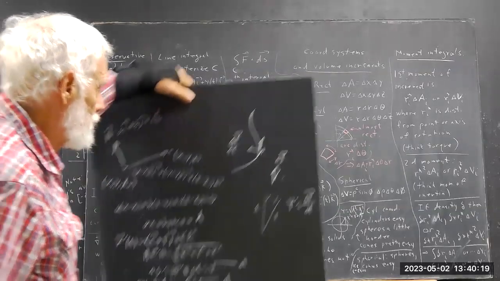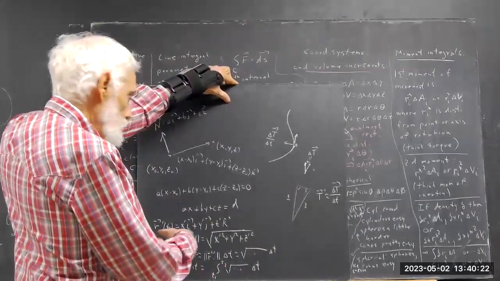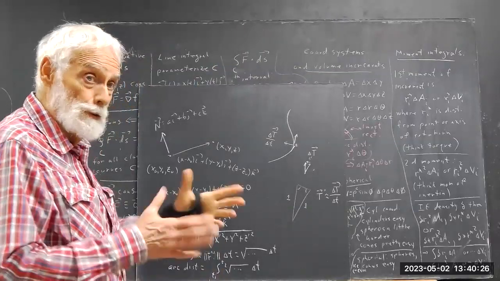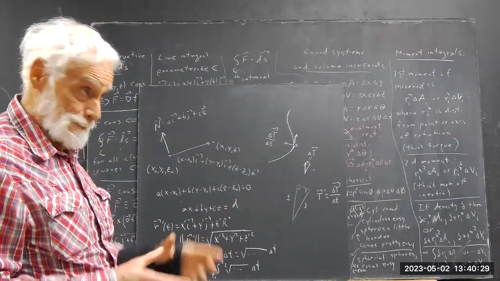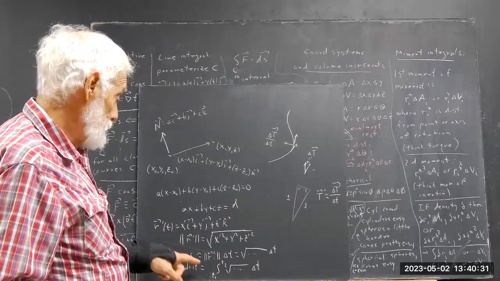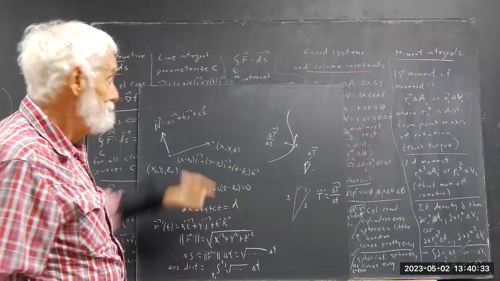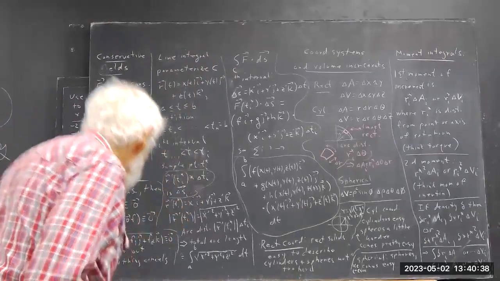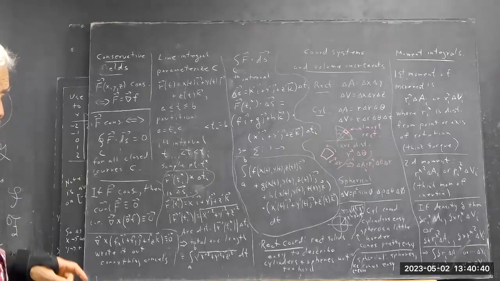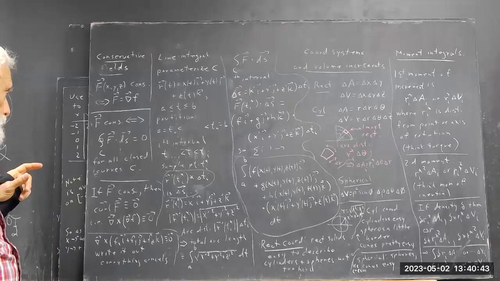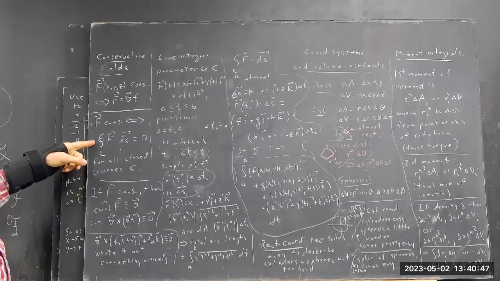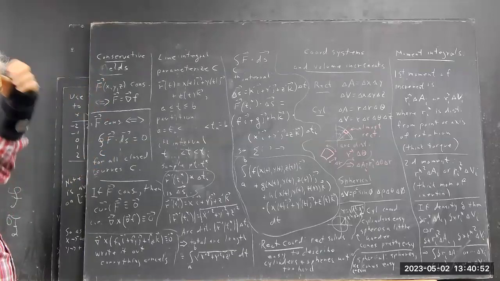Remember, when you do any line integral, you do F dot ds. You partition, take a sample point, and you're always doing something with delta S. We know how to do these integrals: you parameterize.